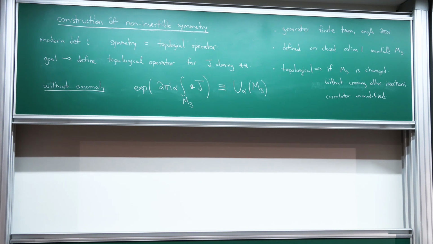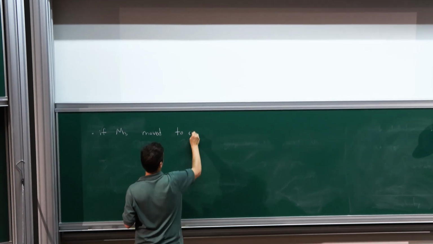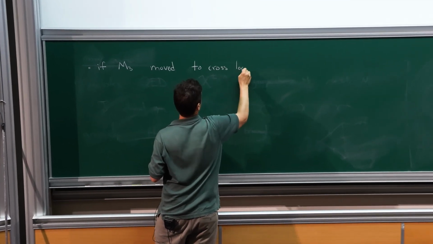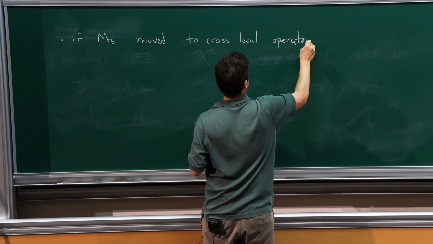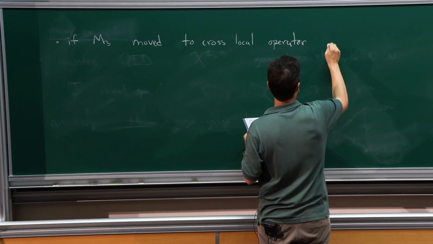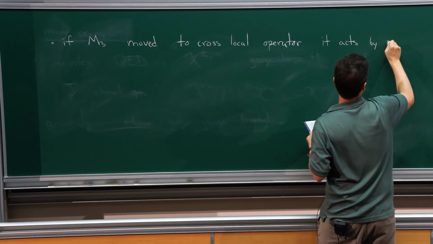If M3 is moved, say, to cross a local operator, it acts by the symmetry transformation.